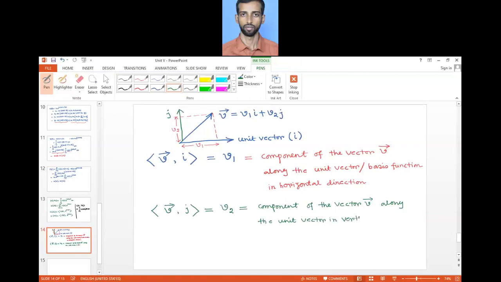So that is the physical significance of inner product or dot product. And if your dimension is small, then obviously you understand that the components are getting added one after another, and you are finding out the component of that particular vector along that particular direction.